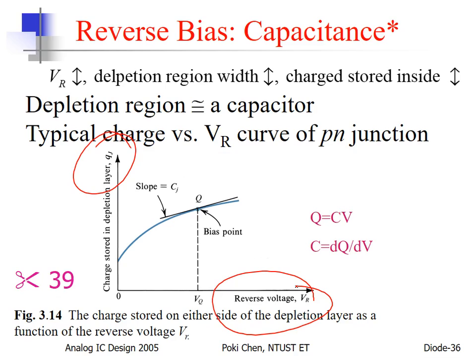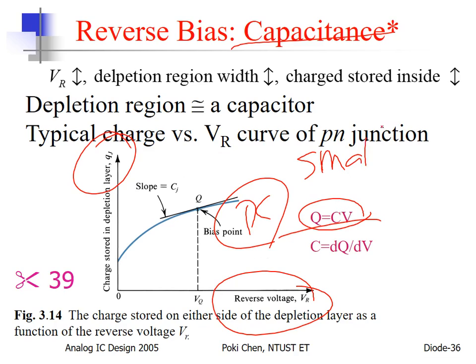So how can you estimate such kind of parasitic capacitance? From the very beginning, that is your DC condition. Q equals CV for a capacitor. But for your simulation, for everything you learned from microelectronics, you usually apply the small signal model.